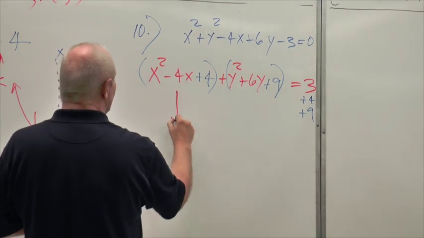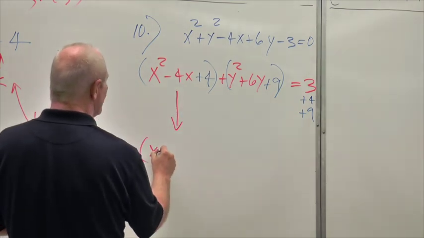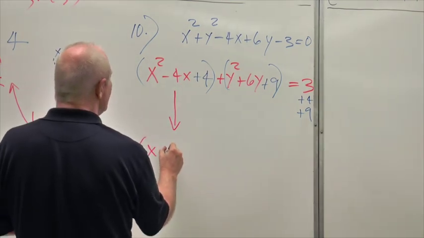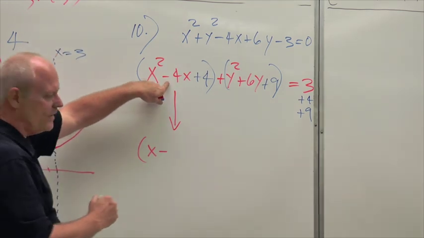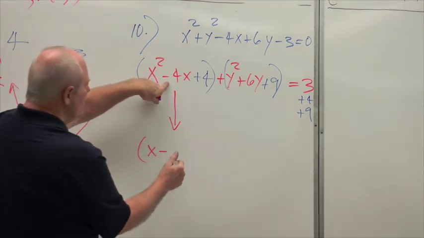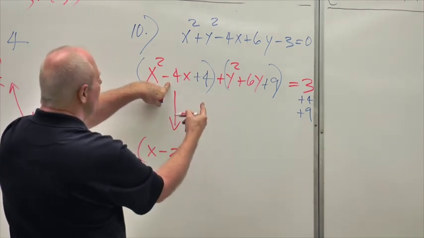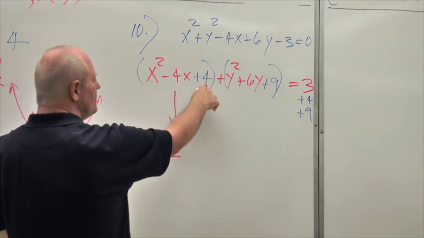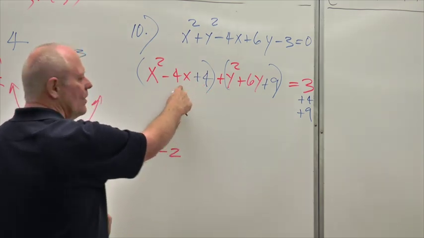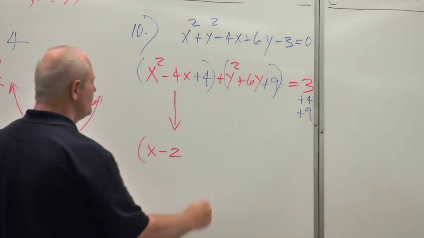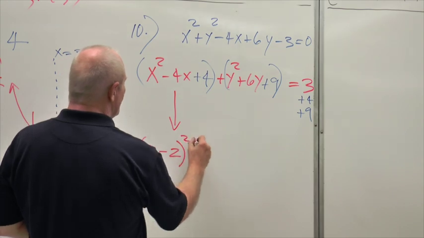This binomial becomes what? X minus, the sign in the middle term is the sign in the binomial, right? Minus what? 2, right? It's either the square root of c, or half of b, right? The binomial squared.